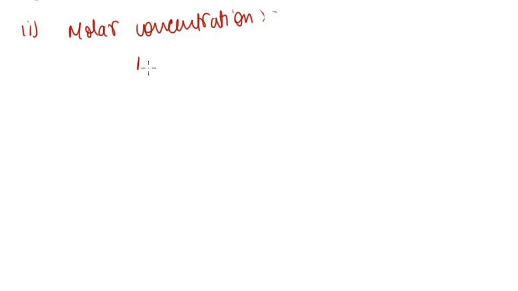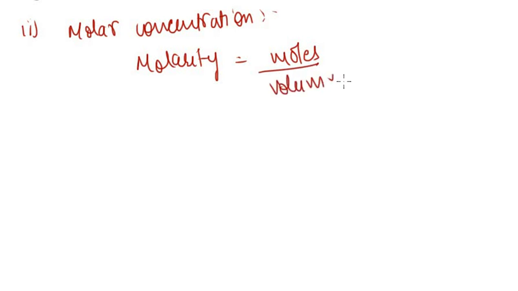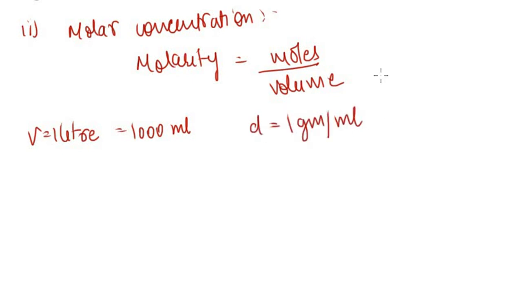So molarity. What do we mean by molarity? Moles per unit volume. Let's calculate the molarity of water. Let's say we have 1 liter of water, that means 1000 milliliter of water, and the density of pure water is 1 gram per ml, right?